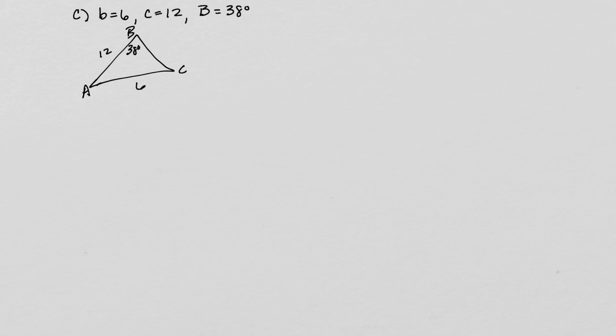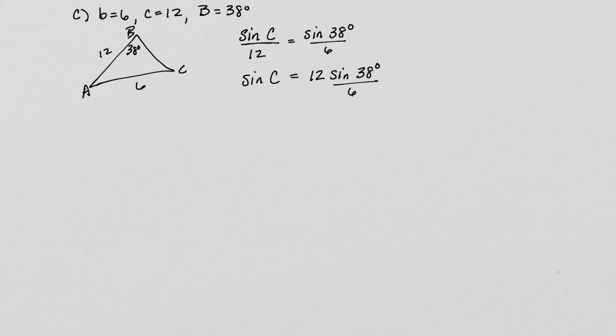So the first thing I want to do is try to find capital C. So the sine of capital C over little c is going to be equal to the sine of 38 degrees over 6. And we know little c, right? I should have put what that was. So sine of capital C over 12. So if I multiply up by 12, I end up with sine of C is equal to 12 sine of 38 degrees over 6.